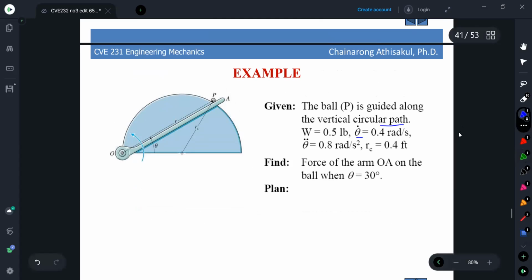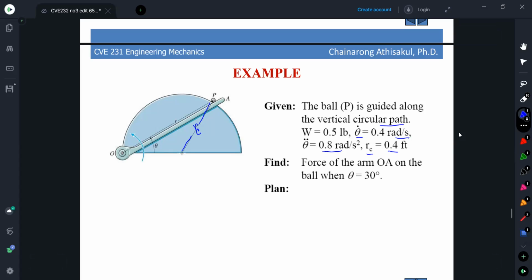We know that the arm OA is moving with an angular velocity theta dot of 0.4 radian per second and an angular acceleration of 0.8 radian per second squared, with r_c, the radius of the circular path, equal to 0.4 foot.